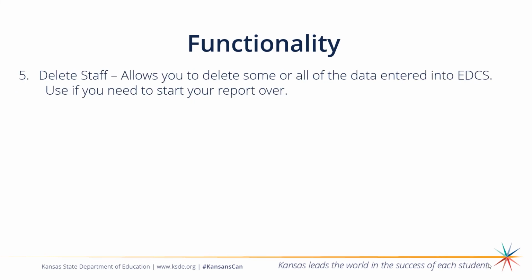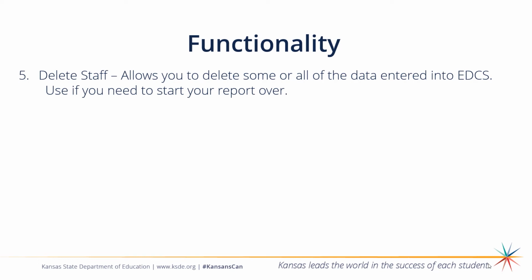And finally, if you've rolled over some of your information and then you decided you wanted to upload a file, or if maybe you have multiple people that have been working in the system and there's confusion and you just need to clean everything out and start over, there's a delete staff function that'll allow you to delete partial information, or you can delete everything that you've entered for the 1920 school year and then start your report over.